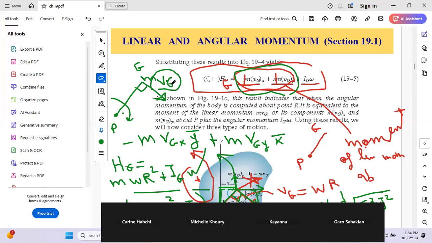It's m VG times the distance from P to G, which is the radius of rotation. You need to do this decomposition only if you don't know vector VG or the perpendicular distance from P to VG. But since you know here the direction of VG and the perpendicular distance, there is no need to decompose the moment into two parts.